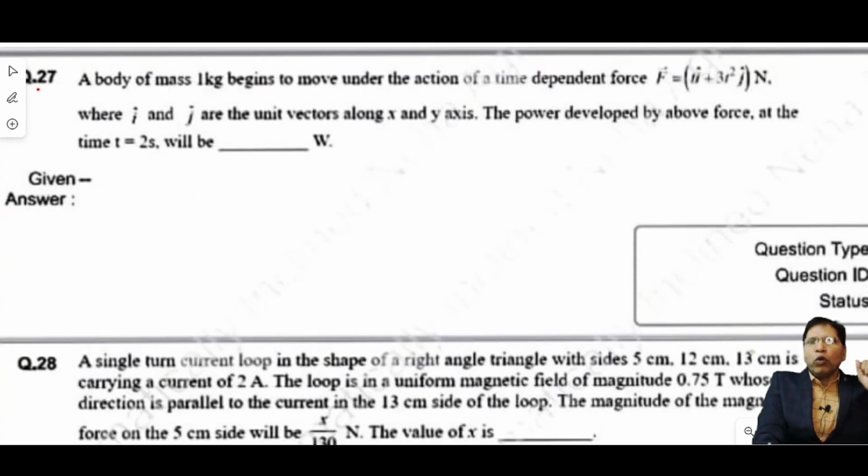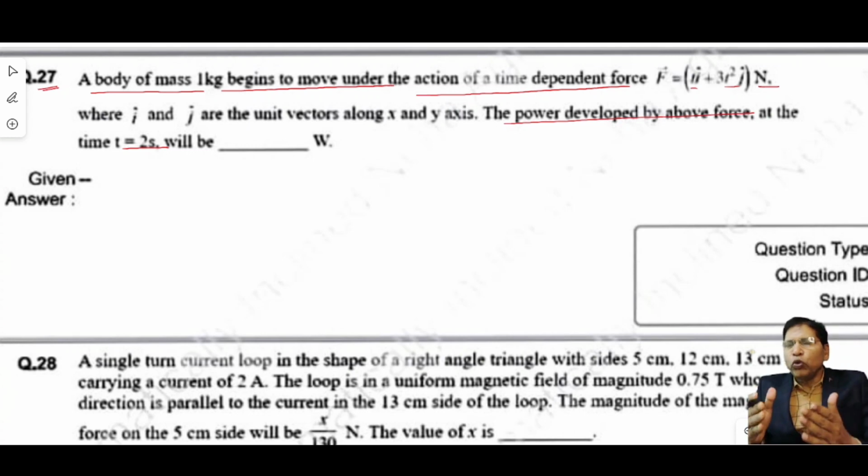Now question number 27. A body of mass 1 kg begins to move under the action of a time-dependent force F equals t i cap plus 3t square j cap Newton. We have to calculate the power developed at t equals 2 seconds.